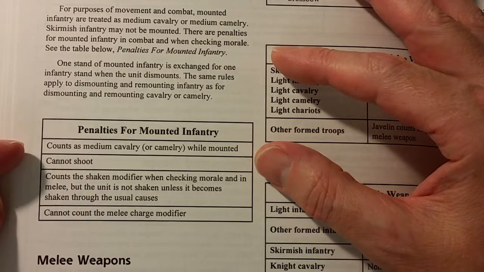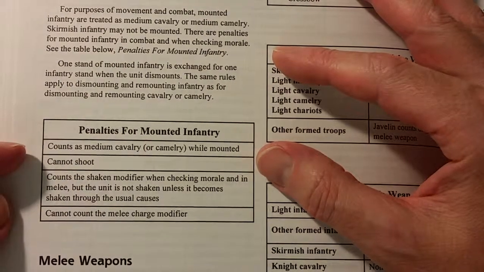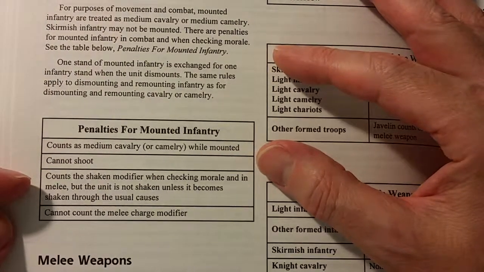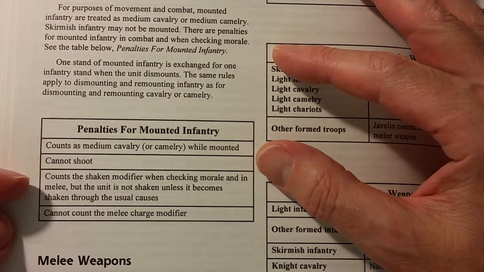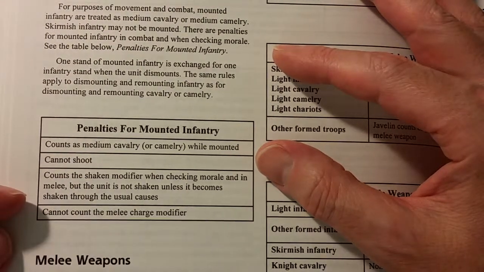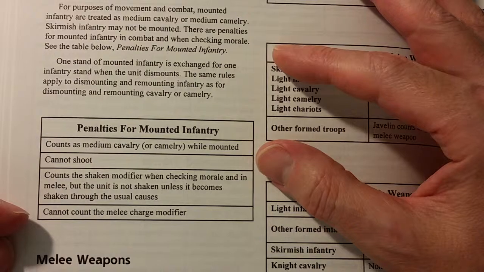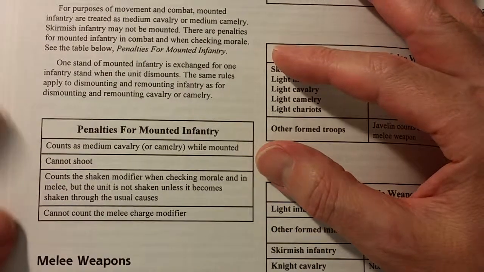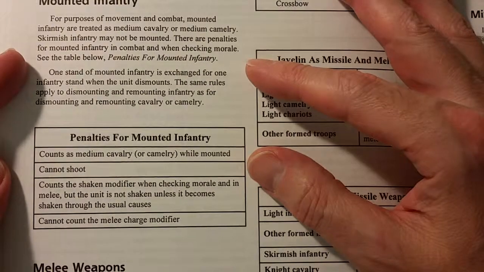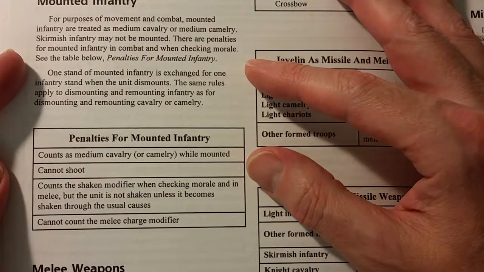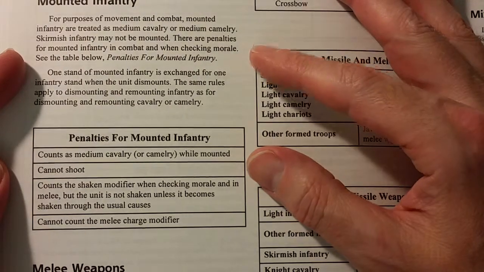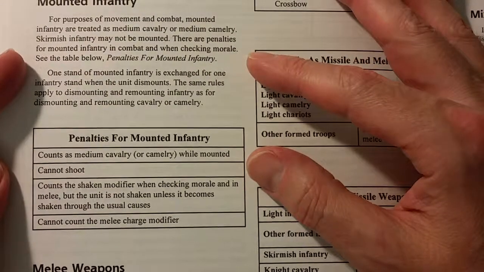So counts as medium cavalry or camelry while mounted, cannot shoot, counts the shaken modifier when checking morale and in melee, but the unit is not shaken unless it becomes shaken through the usual causes, cannot count the melee charge modifier. Mounted infantry are treated as medium cavalry or medium camelry. Skirmish infantry may not be mounted. There are penalties for mounted infantry in combat and when checking morale.